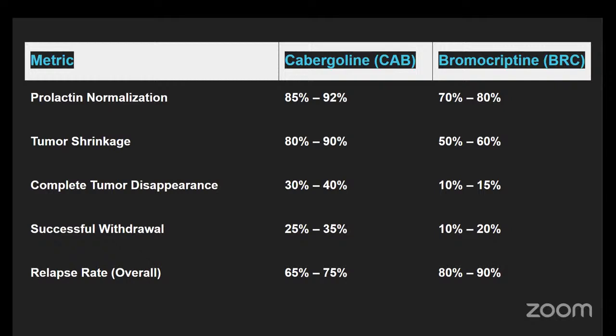Also, since the dopamine agonists induce fibrosis in the tumors, they also make tumors slightly radioresistant. So this is a nightmare scenario, by the way: you have a patient with a huge lesion and you put them on cabergoline, and the patient has been taking it for a long time. After a certain time, it stops responding and you plan surgery.